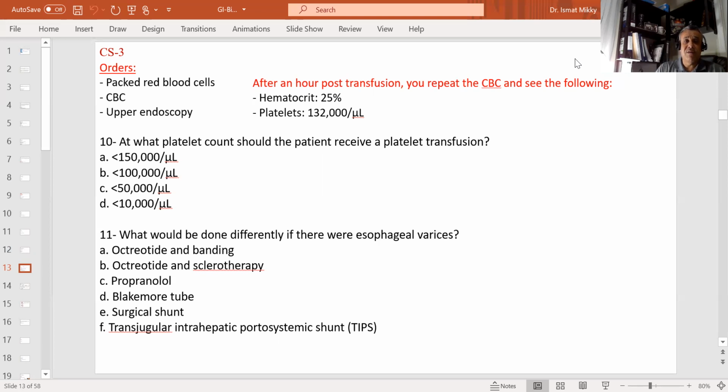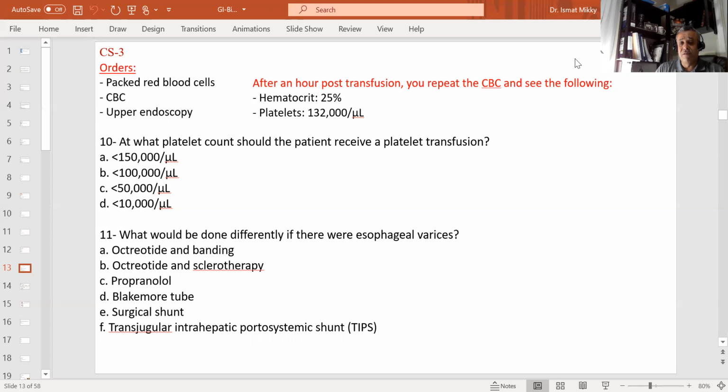Remember, if you recall from pathophysiology, these are the small tiny blood vessels in the esophagus that will become distended and fragile, very easily ruptured. And that's a complication from liver cirrhosis, or what is called end-stage liver disease.